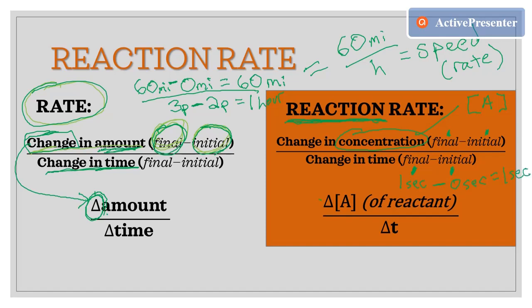So here's this triangle again. The triangle just means change. So the change of the concentration of A, which is the reactant, the ingredients, over the change of the time. So the lowercase t is time. So I'm refreshing your memory on that because that's going to come in handy here in a second.